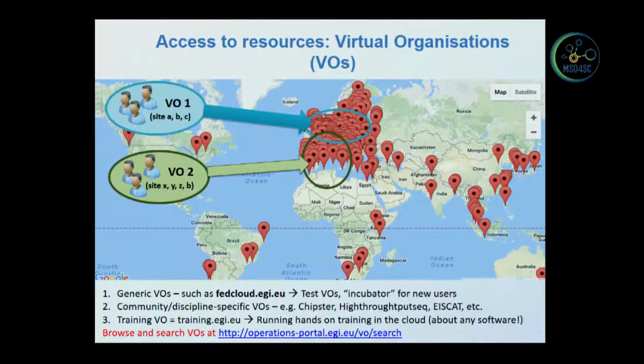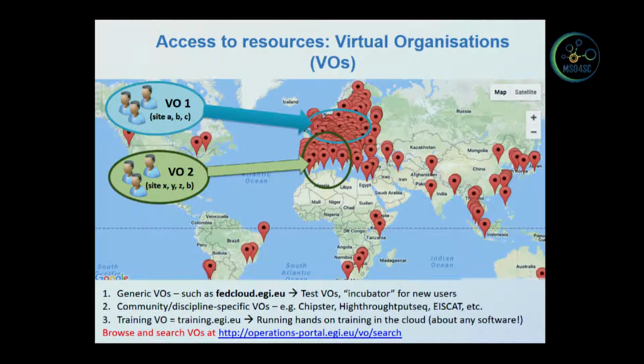We have currently more than 200 of these groups or resource pools, virtual organizations on the infrastructure. Some are specialized to a given science discipline, others are specialized for a given project, yet others are specialized on a given geographical location. So they, for example, support any researcher that are active in Hungary or Central Europe.